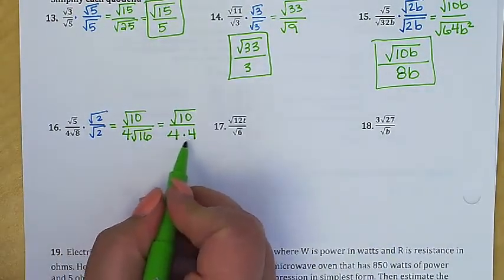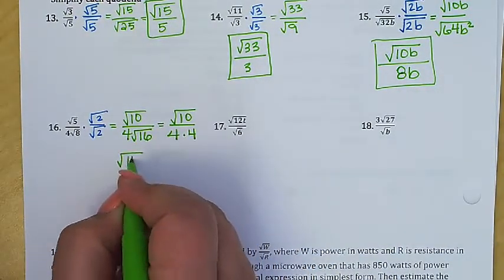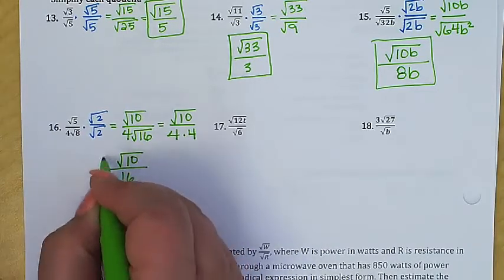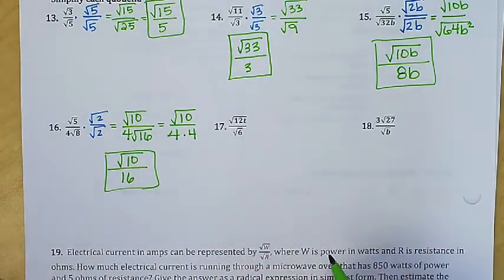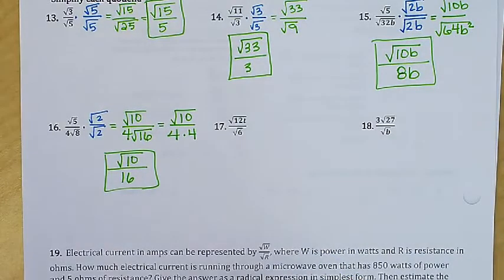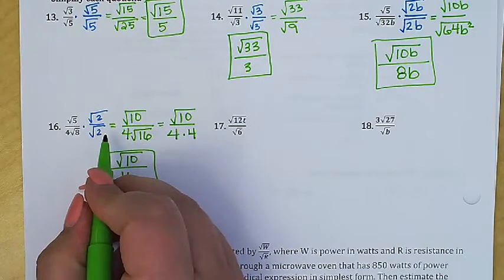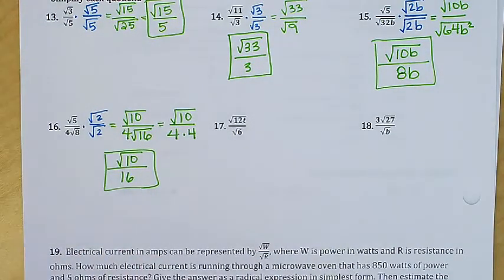Now those two things can be multiplied together. So in the end, we've got square root of 10 over 16. That's the shortest, easiest way. Could you do it another way and just multiply it by itself by 8? Yes, you could, but then you'd have a little more simplifying to do. I think those are some good examples.